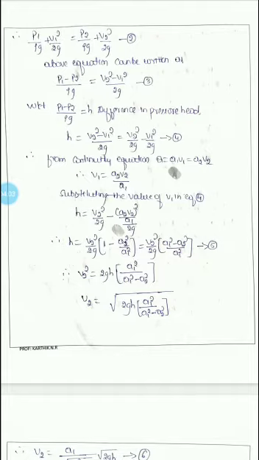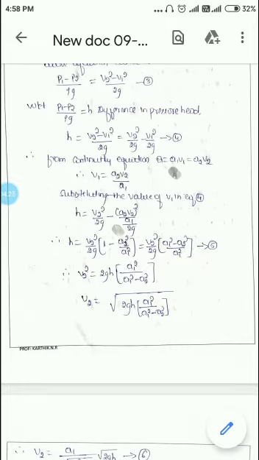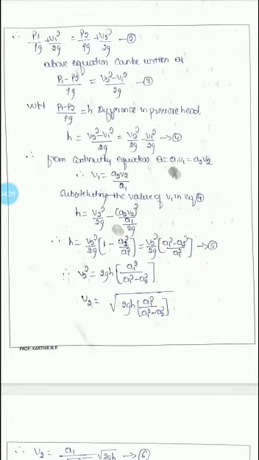Therefore, H is equal to V2 square by 2g minus (A2 V2 divided by A1) whole square divided by 2g. Taking V2 square by 2g common, H is equal to V2 square by 2g times 1 minus A2 square divided by A1 square.